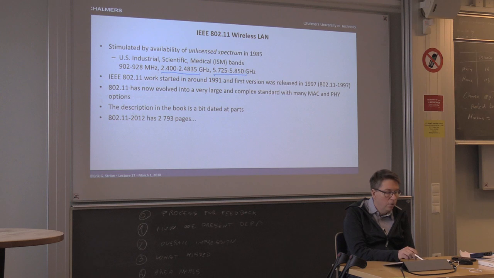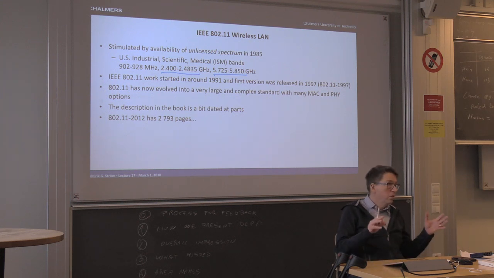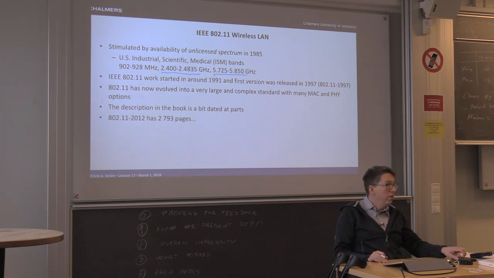And then it has now evolved into a very diverse standard with many options, many MAC versions and physical layers. If you look in the book, for instance, it's not very updated on Wi-Fi at all, since the book is a bit old.